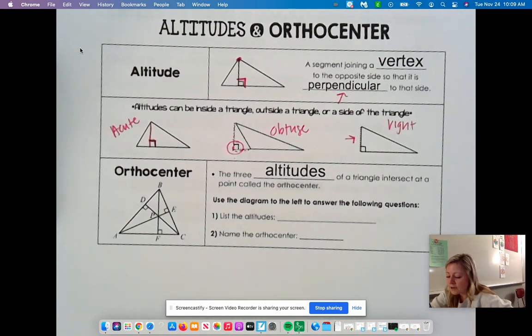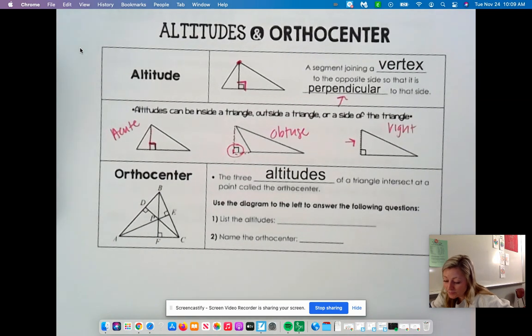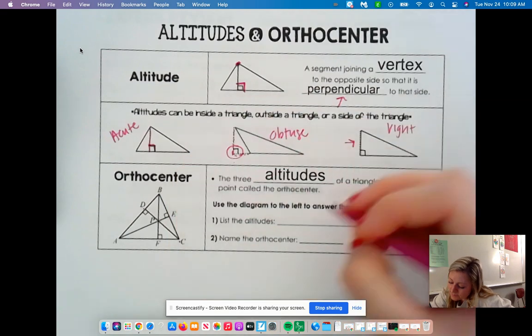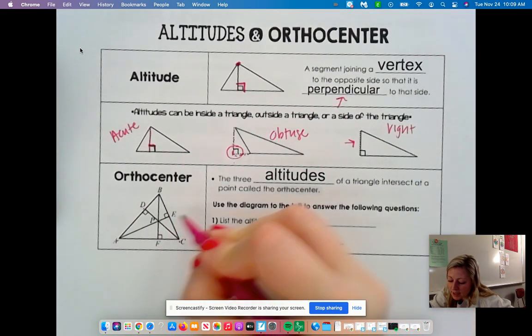It says use the diagram to the left to answer the following questions. It says list the altitudes. So we're looking for what, you guys? Those little boxes, because they're perpendicular. So one would be CD. Another would be AE.